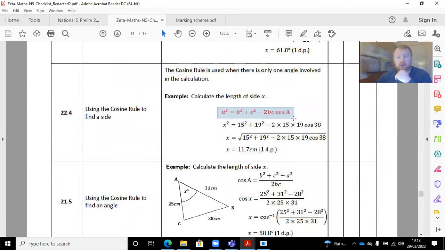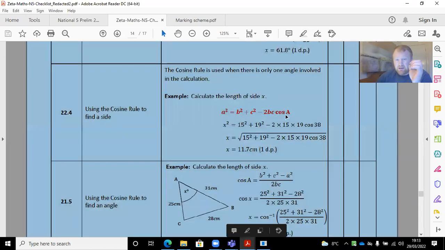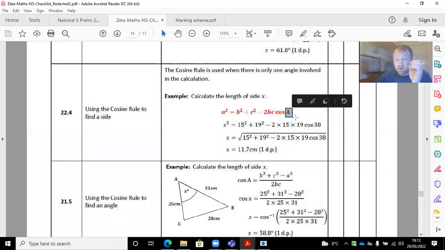Again, you're given the cosine rule. It's just knowing how to apply it. So knowing what A is, B is, C is, and being able to apply it. The cosine rule, that side A has to be the partner of that angle. Whatever angle you have, the side you're trying to find is the matching pair for it.